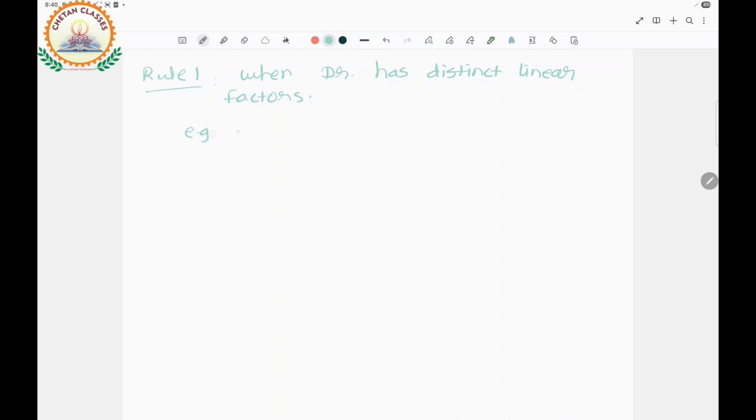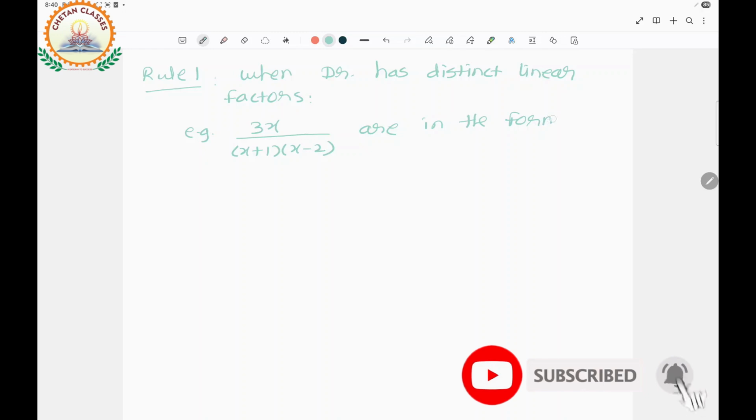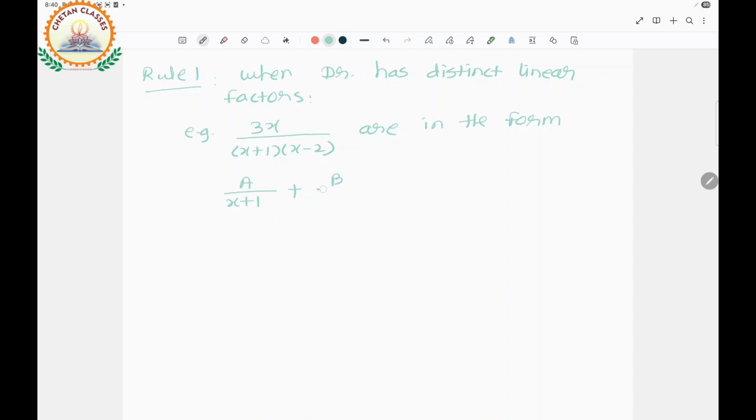For example, 3x upon x plus 1 into x minus 2 are in the form a upon first factor, that is x plus 1, plus b upon x minus 2.